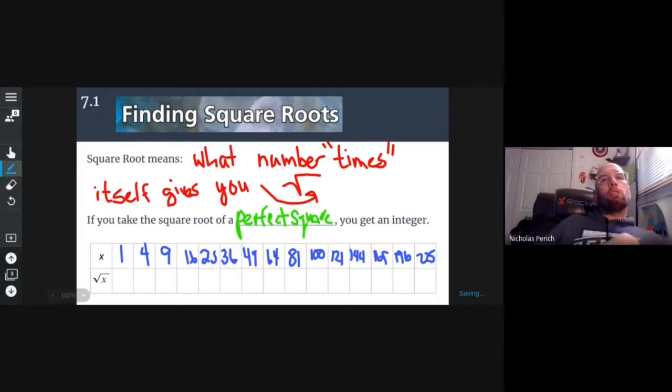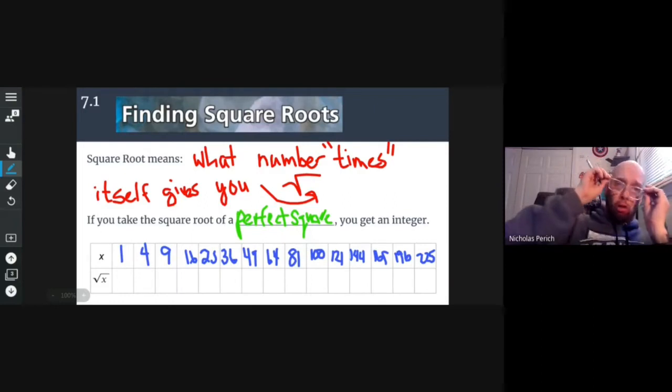Those are the perfect squares. Those are the only numbers from 1 to 225 that you can take the square root of and get a nice answer.